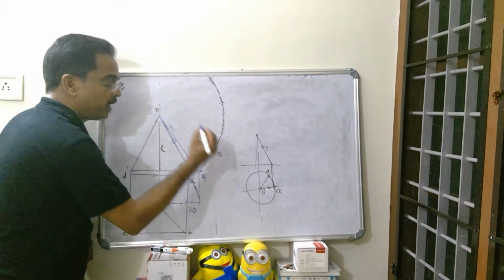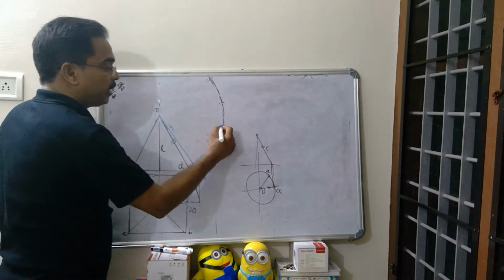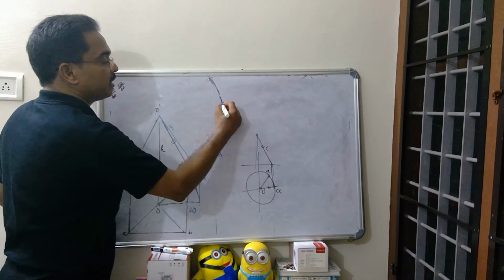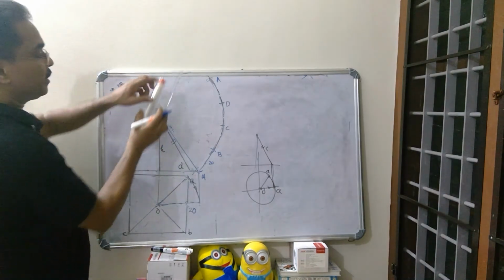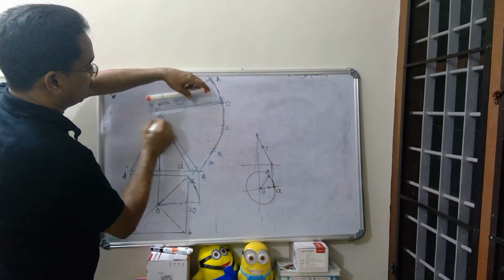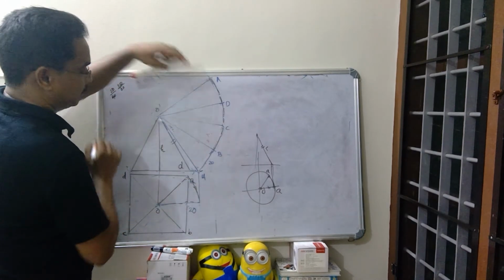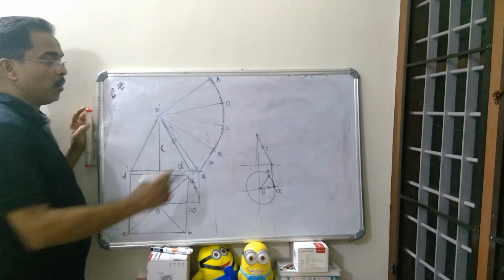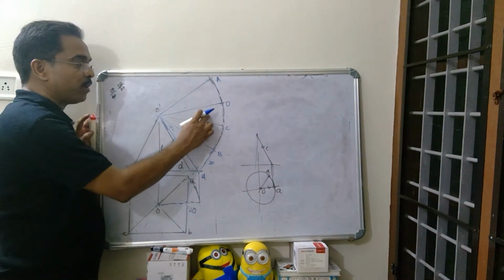You'll get the point B. This is 20. BC is again 20. You get C, D, and the final point will be E. Join OA, OB, OC, and so on. But this is not the development of the pyramid, this is the development of a cone.